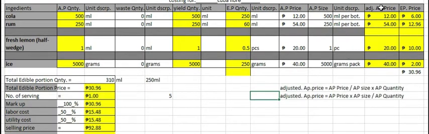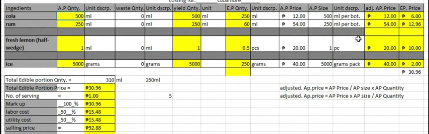For our adjusted AP price, or as purchased price, there are two formulas that we can use to calculate the answer. First, AP price: you divide this with your AP size, the size when you purchase that particular ingredient, and then multiply with your AP quantity.